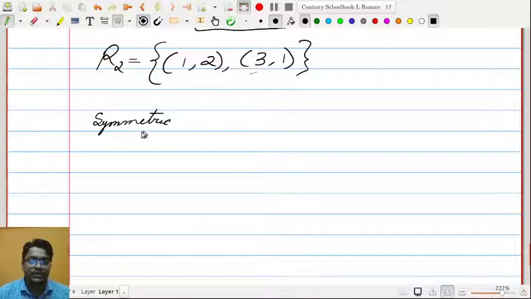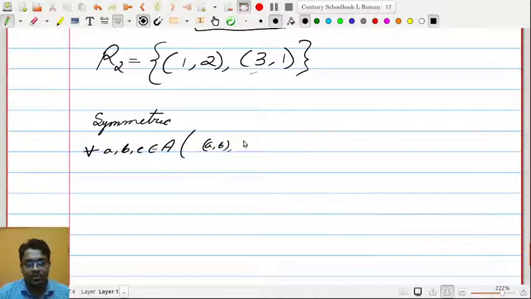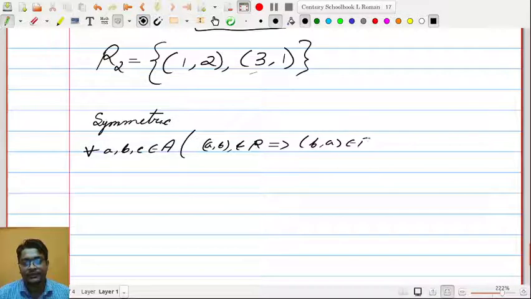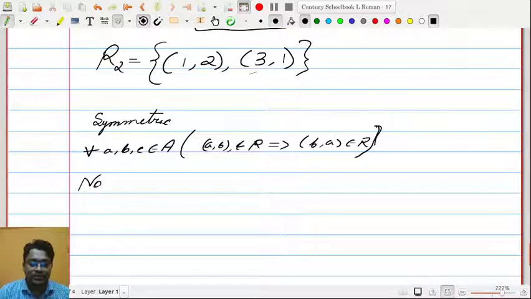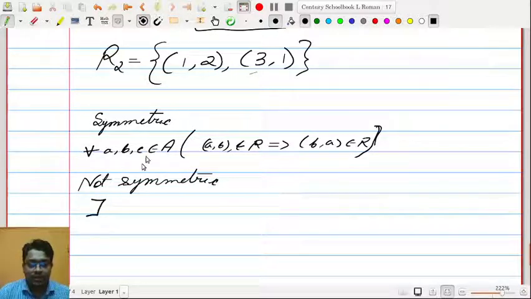A relation will be symmetric if given any a, b inside capital A, this implication is true: (a, b) belongs to R implies (b, a) belongs to R. Sorry, here c is not required for the symmetric part.